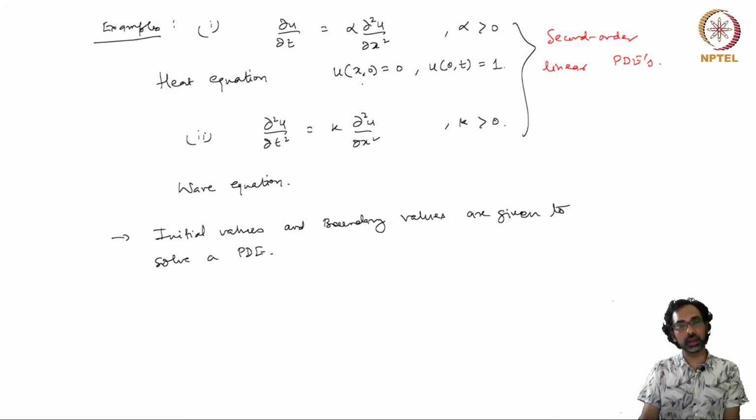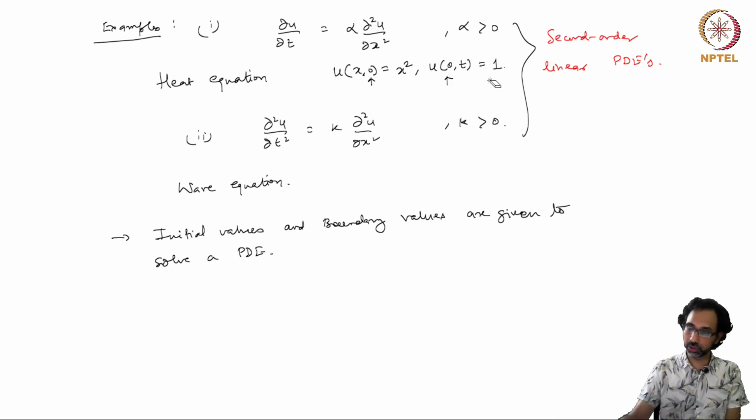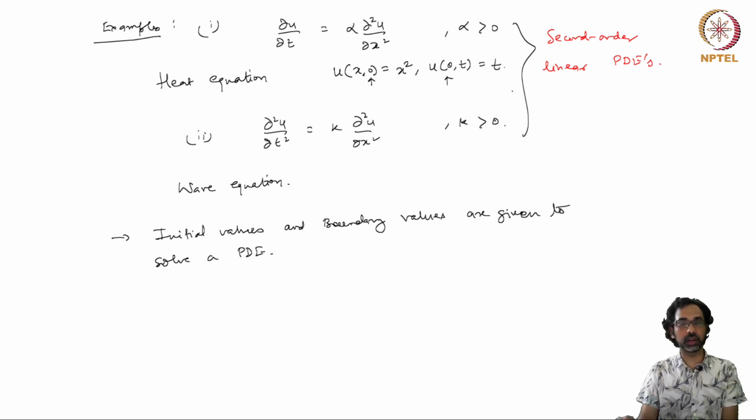Here we can have constants, but also we can have functions: when you are taking 0 in one of the variables, you can have the initial value as a function of the other variable. For example, you can put u(x,0) equals x squared, or similarly u(0,t) to be t. These are initial value conditions for this heat equation, and one can solve this using Laplace transforms.